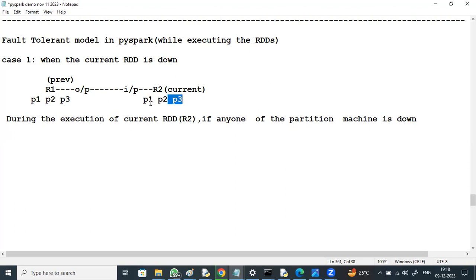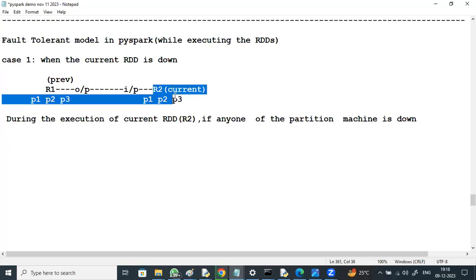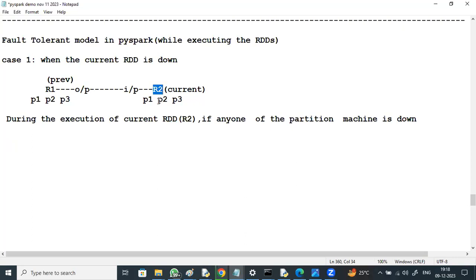For example, the P2 machine is down during the execution of R2. Once the total computation of R2 is finished, only then is R1 removed. But while computing R2, if the P2 machine is down, then P2 data is lost.